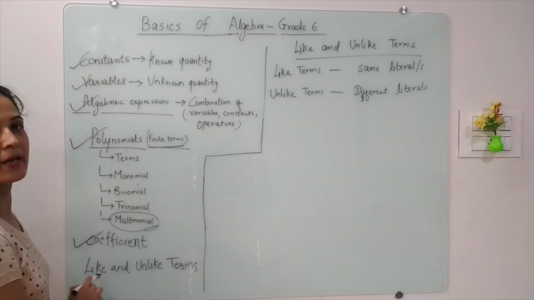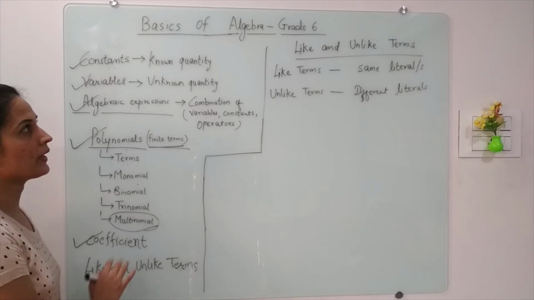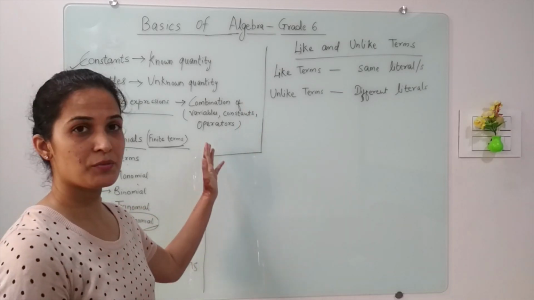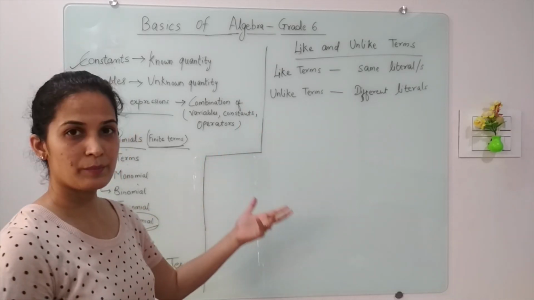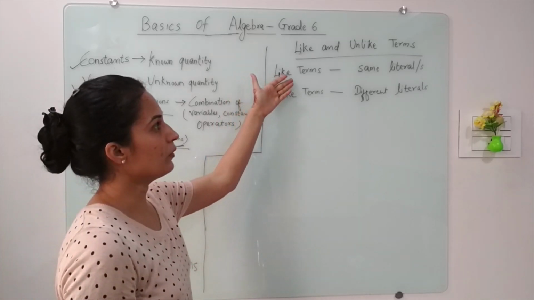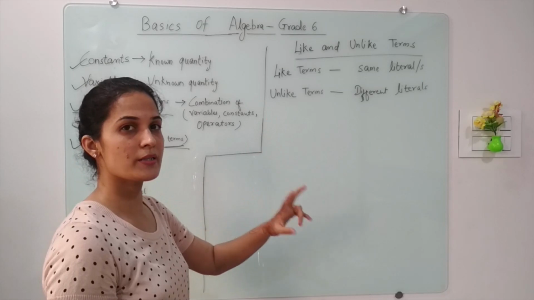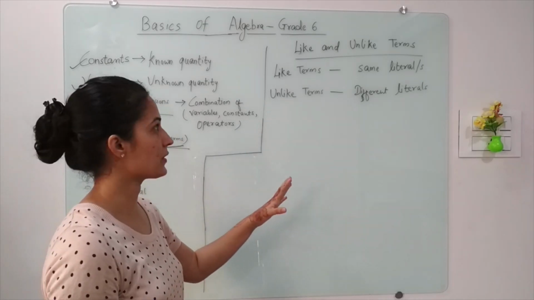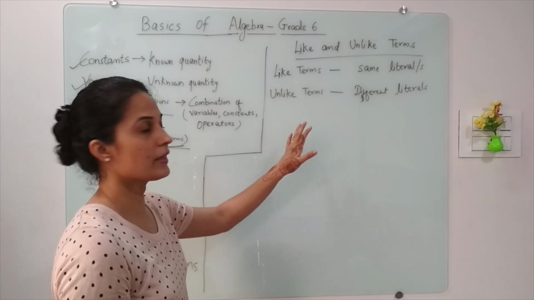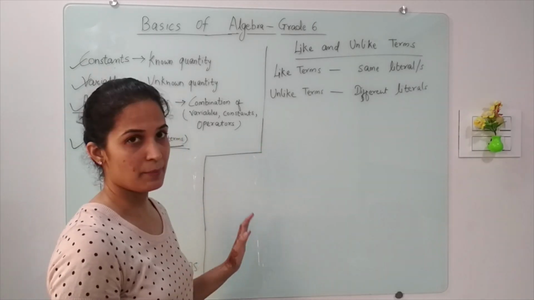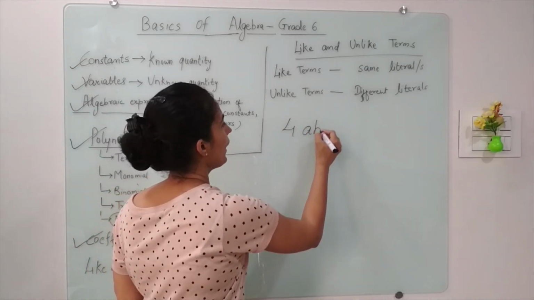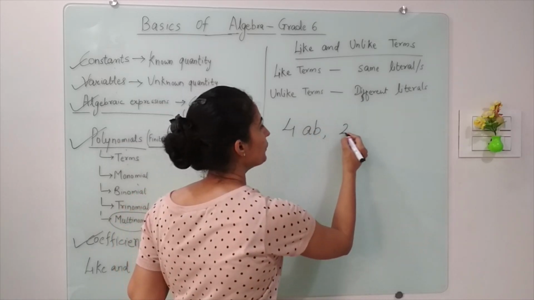Now we will try to understand like and unlike terms. What are like and unlike terms in algebra? So literals, as we have seen previously, are nothing but the variables in a particular term. Two terms are called like terms if they have the same literals, and if the two terms have different literals, then they are called unlike terms. Let's see an example. I give two terms, one as 4ab and the other as 2ab.